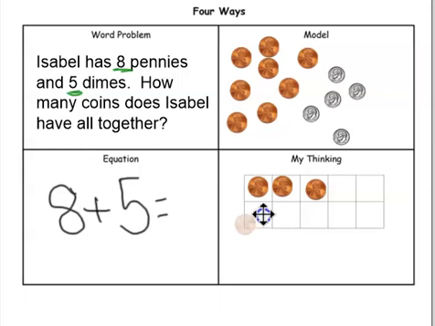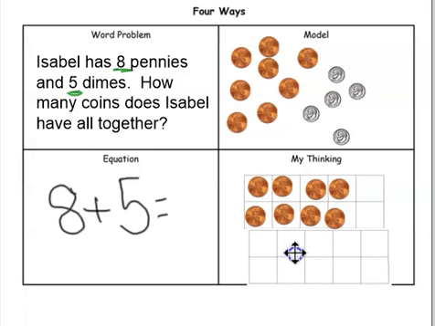Now I know if I fill this whole thing up that I would have 10 pennies. So how many should I have blank here? That's right, 2. 8. And then I would have 2 left, right? Have 10. Okay, so I have those pennies.